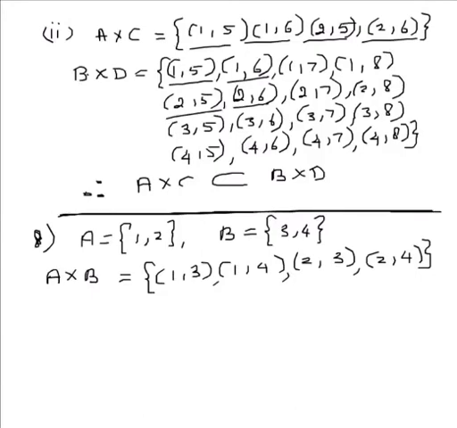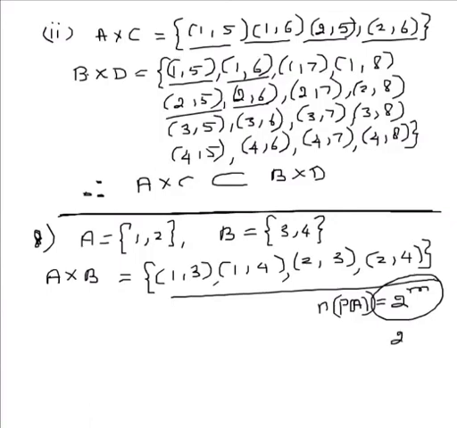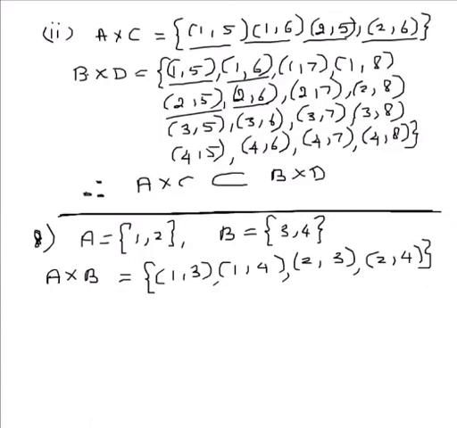List them. We have to write the set of all subsets of A cross B. We have learnt a formula in the previous lesson, in the sets lesson, that if a set has m elements, the number of subsets will be 2 power m. That is the number of elements of the power set, if you remember. So here we have 4 elements in A cross B. Therefore, 2 power 4, 16 subsets can be written. We will write that answer.